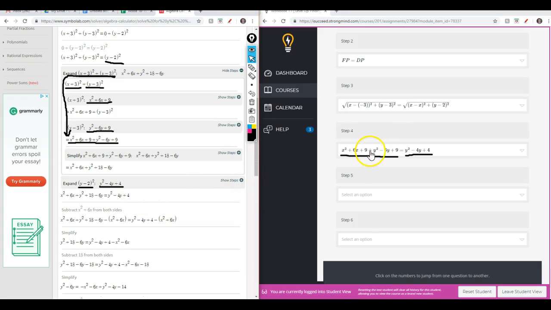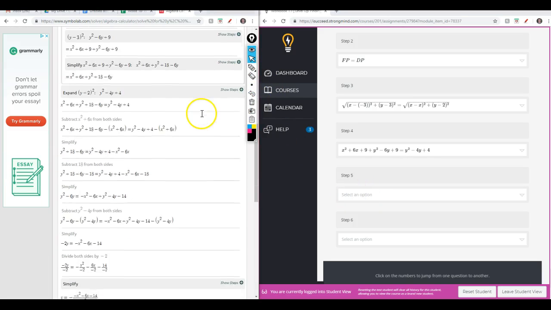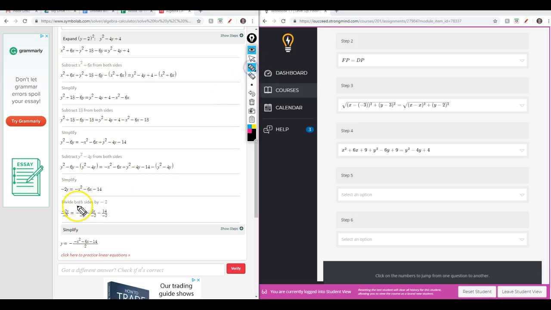So now, from here to step 5, there's still quite a bit of steps to go through. And I will tell you step 5 actually jumps down to here. So once we have the expanded form right here, they're going to subtract that x squared plus 6x from both sides. And so then we have this actually will be minus x squared minus 6x, and this will be minus x squared minus 6x.